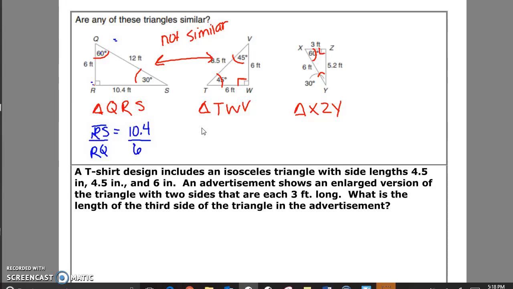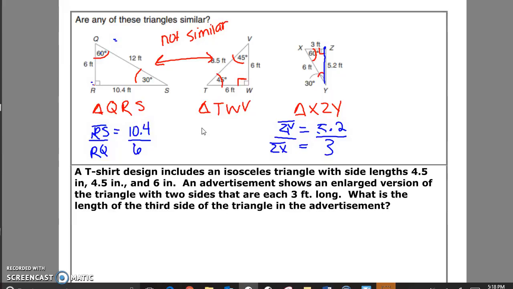Okay, and I'm going to compare it to, using that same vantage point, this is the 90-degree angle Z, so I'm going to do, and it has to be this way, ZY is the longer side, and that's 5.2, and I'm going to compare it with ZX, which is 3 feet.